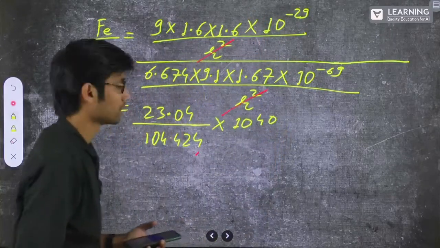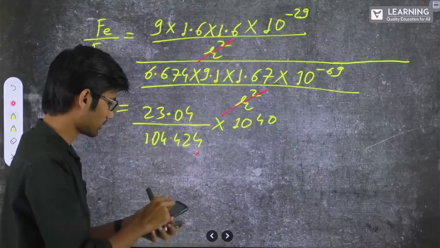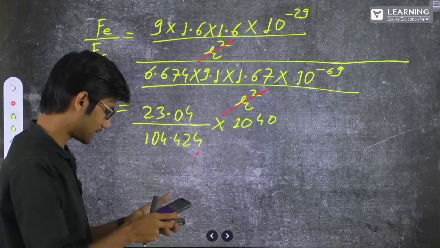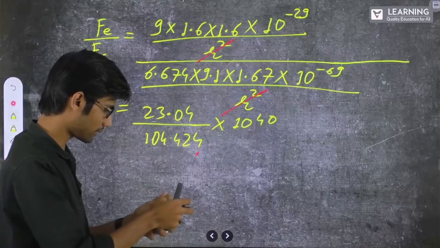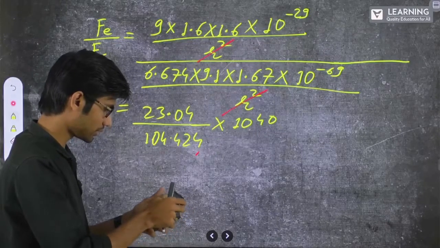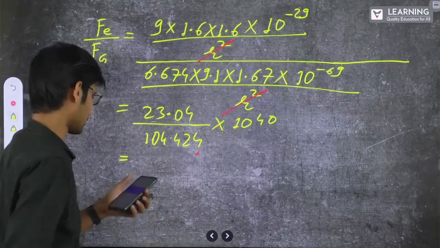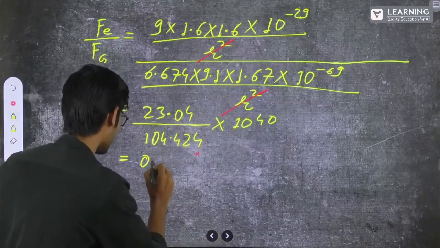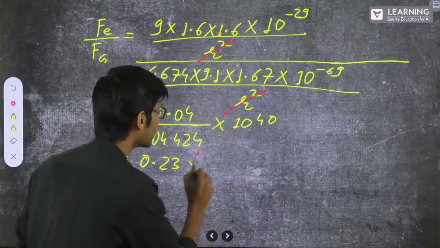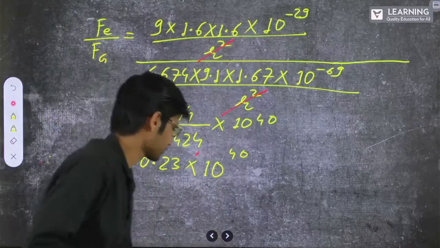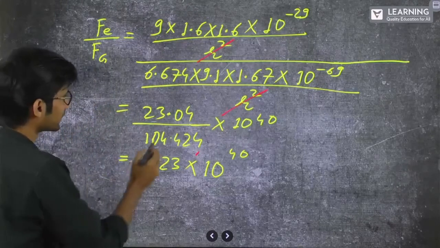Correct? So now this value will be 23.04 divided by the entire thing. This is around 0.23 into 10 power 40. So here, let me write it here only.